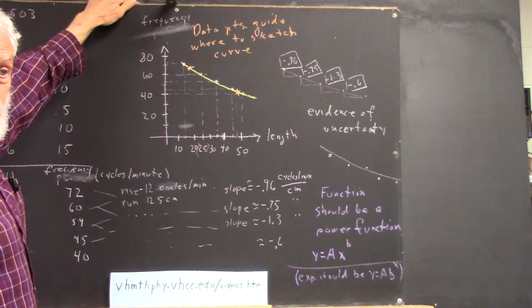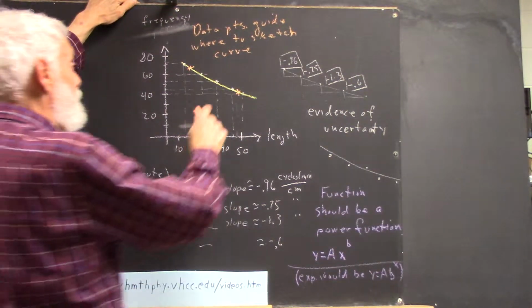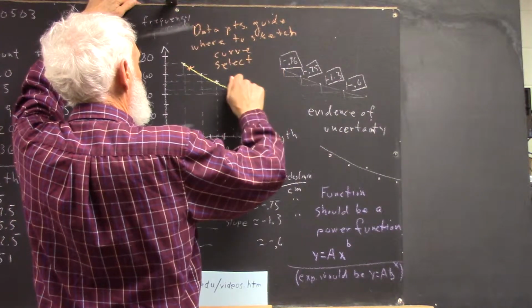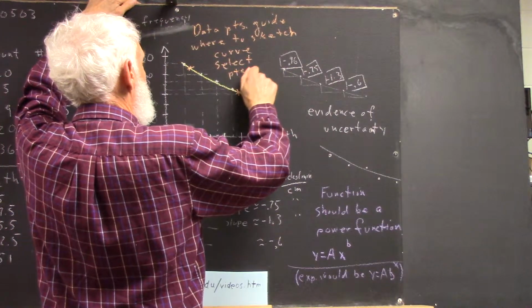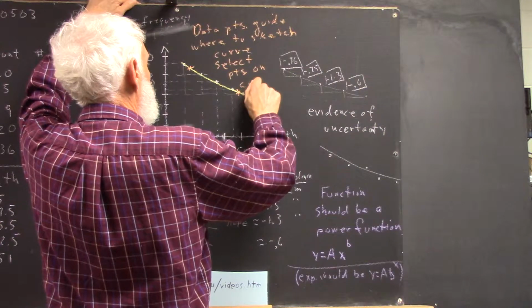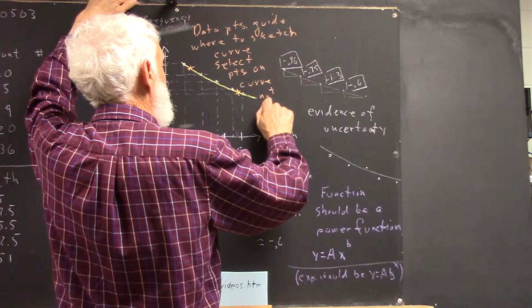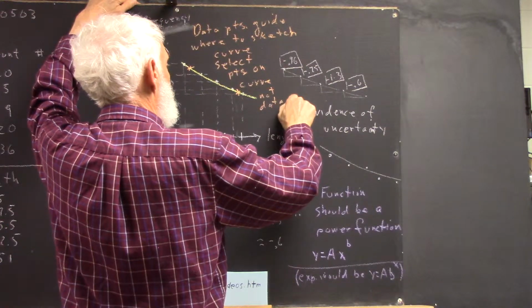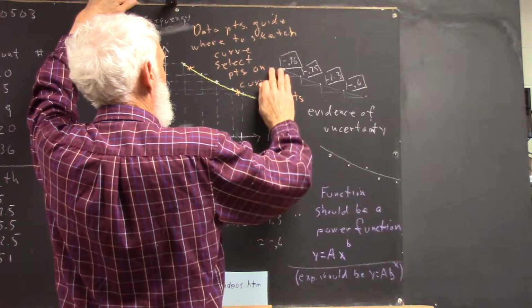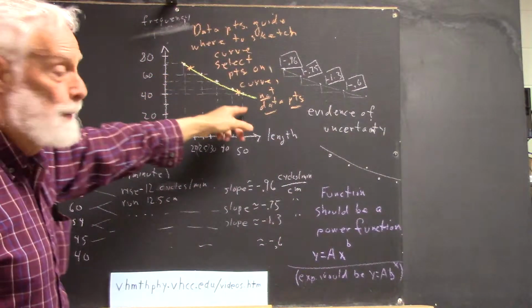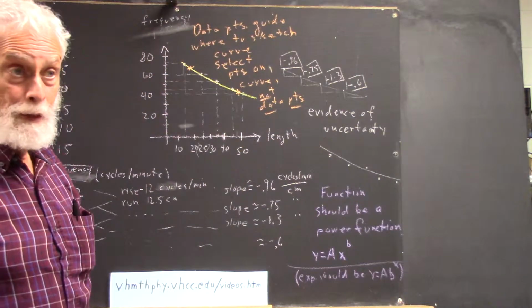So we select points on the curve, not data points. So I'm going to just pick this point and this point.